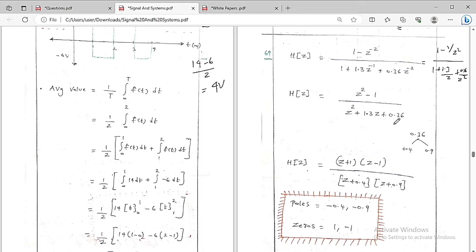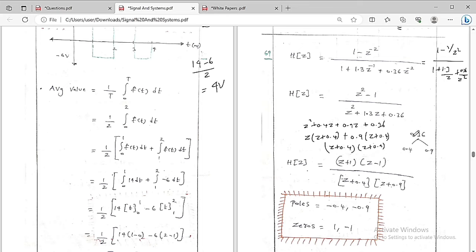So if you simplify, we get z square plus 0.4 z plus 0.9 z plus 0.36. In the first two terms take z as common, so z into (z plus 0.4). In the second two terms take 0.9 as common, then we get 0.9 into (z plus 0.4). Then take z plus 0.4 as common, and we get (z plus 0.4) into (z plus 0.9).